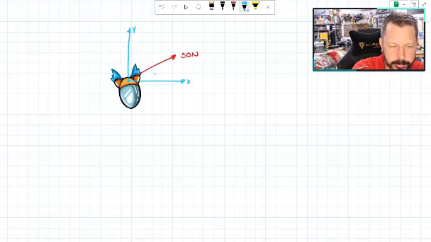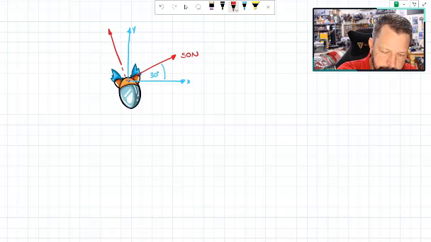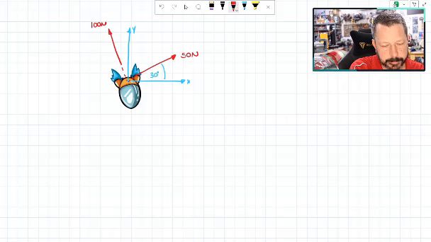Okay, and this will be 30 degrees. And this other one over here is coming out, and its vector ends up kind of like this. I'm having to force them to be concurrent, so I probably should have put them a little bit lower, but it's fine. 100 and just 100 newtons. And this one is 120 degrees.